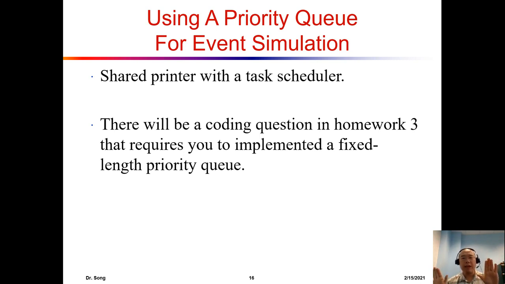Or when the printer is printing the student's one, there are two more students sending in tasks. Remember, the students have the higher priority. So this priority queue will guarantee that this printer always prints the student documents first before the professor's work.